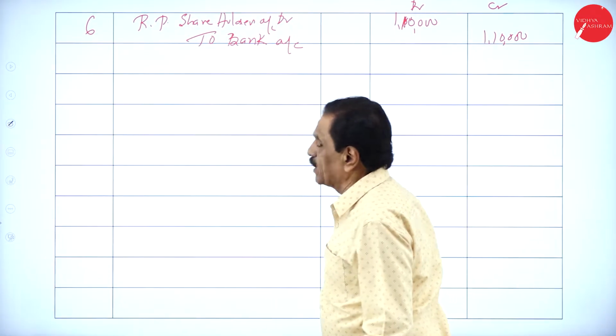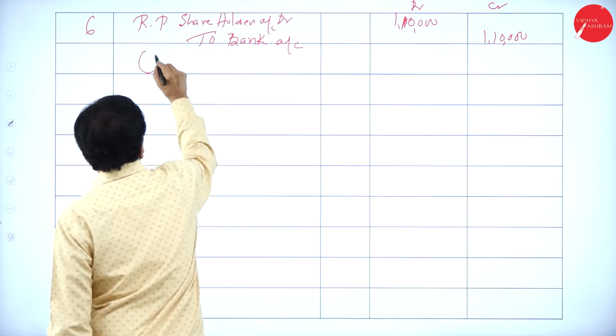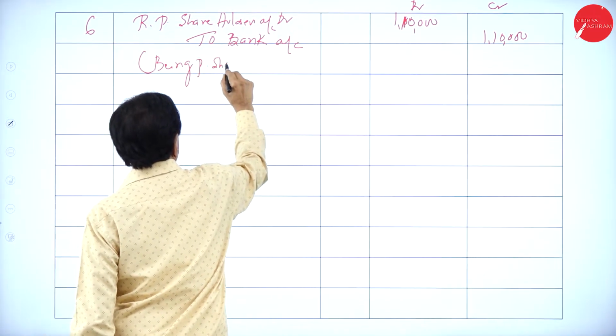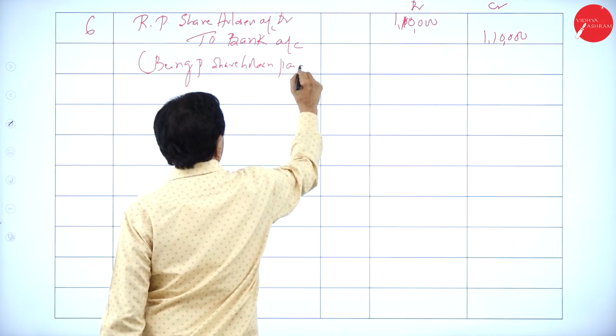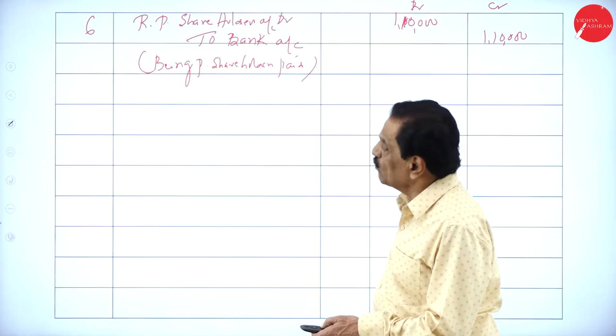Being preference shareholders paid. We have paid the preference share. You have paid.